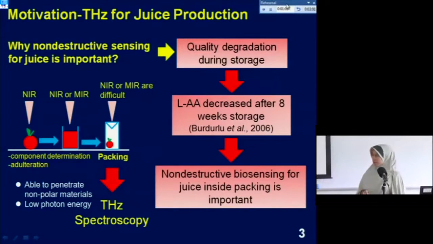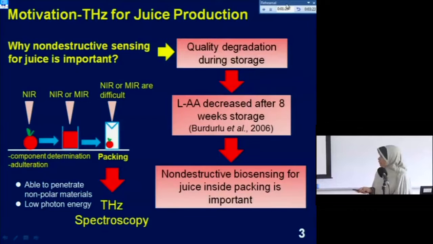For this reason, it is very important to develop non-destructive sensing for juice inside packing. However, near-infrared and mid-infrared waves have difficulty penetrating the packing material, so it is not easy to evaluate the quality of juice after packing.